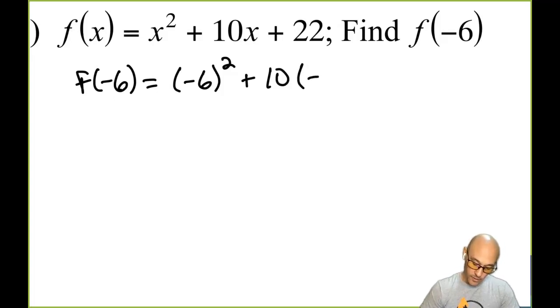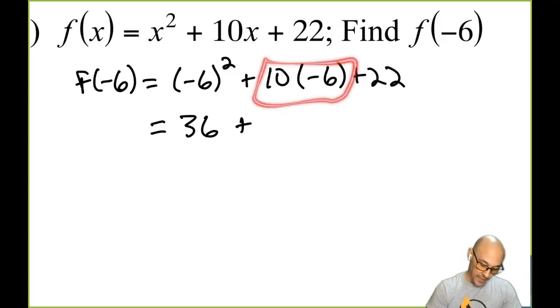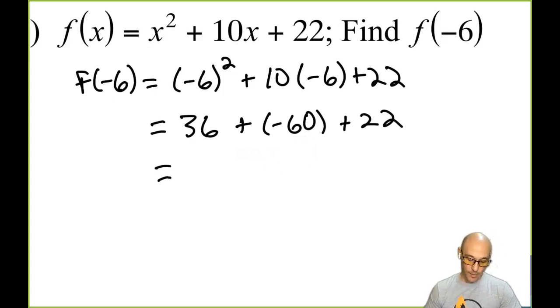All right. And there's what we have. So again, negative 6 squared, that's 36. And then it's going to be plus 10 times negative 6 is negative 60. And you could have just written minus 60 here. That would have been fine. Doesn't matter either way.